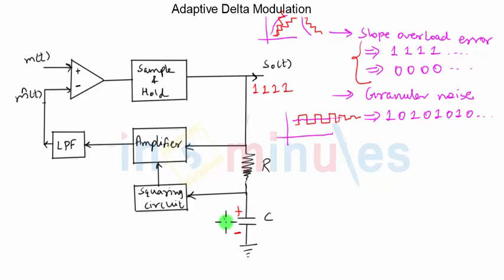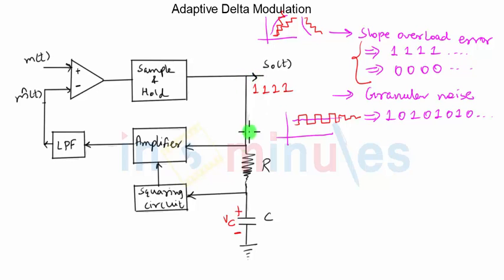So this increased voltage, as the capacitor keeps on charging due to the continuous ones which are occurring at the output side, is given to a squaring circuit. The squaring circuit will square the voltage and give it to the amplifier. Now if you can recall delta modulation, this initial part is very much similar to what we already had in delta modulation.